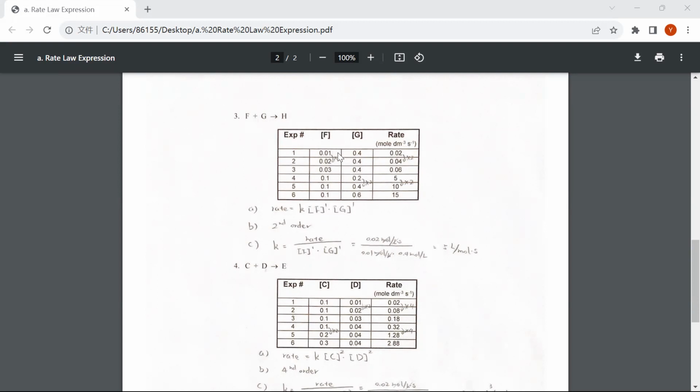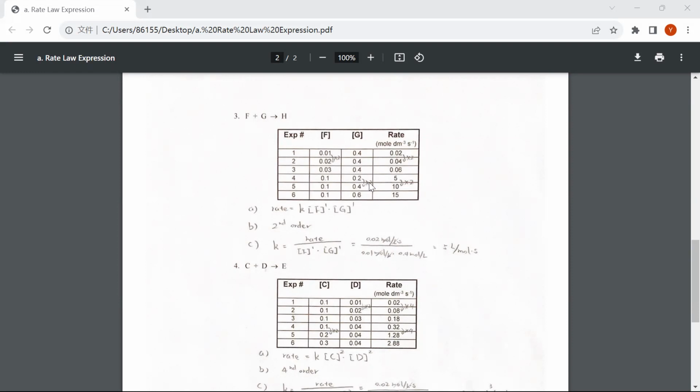So F multiplied by 2, and the rate also multiplied by 2. So in this case, the exponent should be 1. And to find the exponent for G, we focus on experiments 4 and 5.